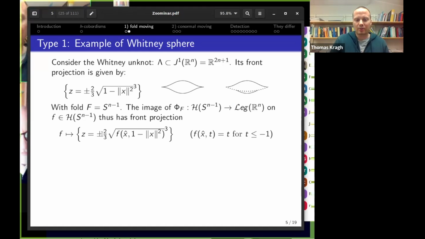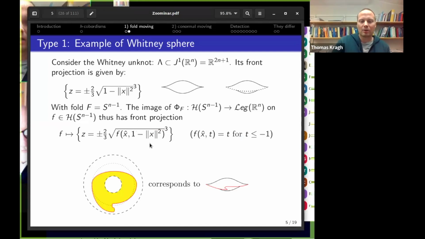Its front projection, you can give an explicit formula here, depending on the function, which is just plugging in this instead of t. So it's very similar to what was on the previous page. But to make sense of this, we extend the function to negative values for values less than -1, because this can get less than -1. There are no solutions outside of that area anyway, so it doesn't really matter.